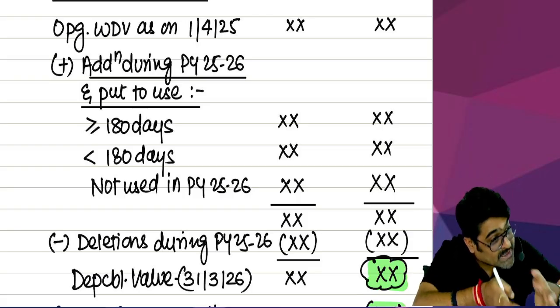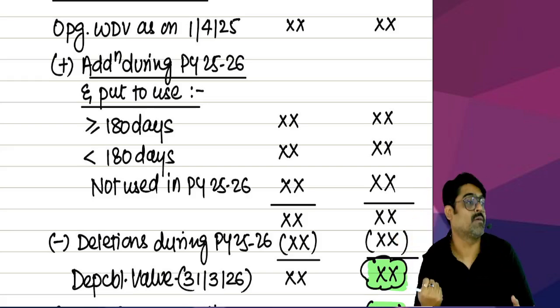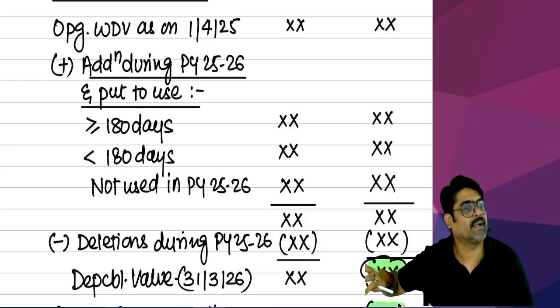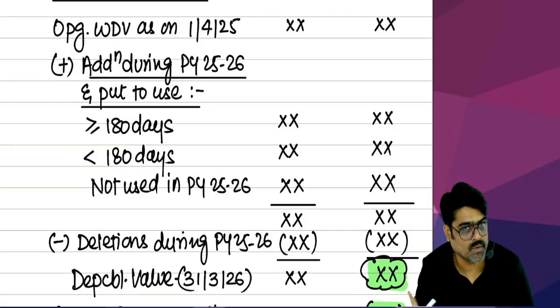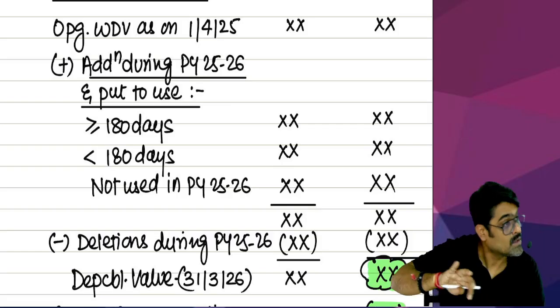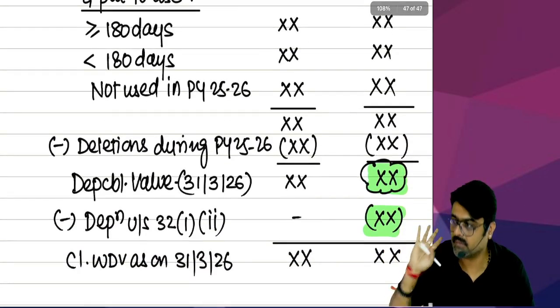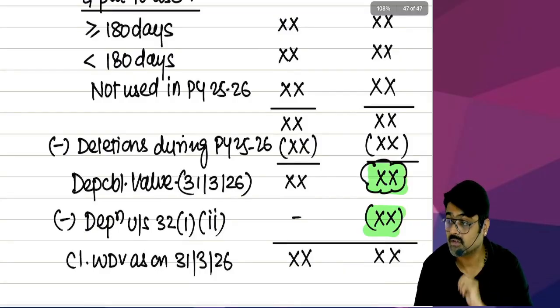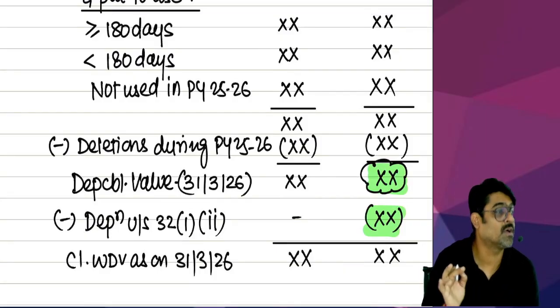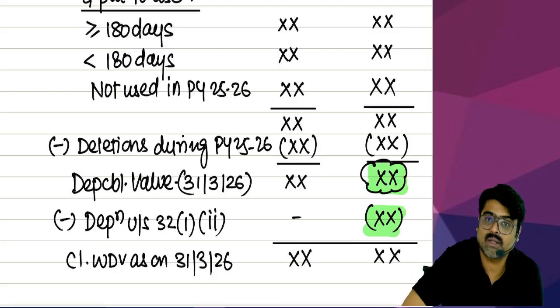To the extent of that amount, cost in the block is recovered. Reduce that. To that extent we are not going to give you depreciation. Whatever balance will remain, this is the depreciable value of the block as on the last day of your previous year.